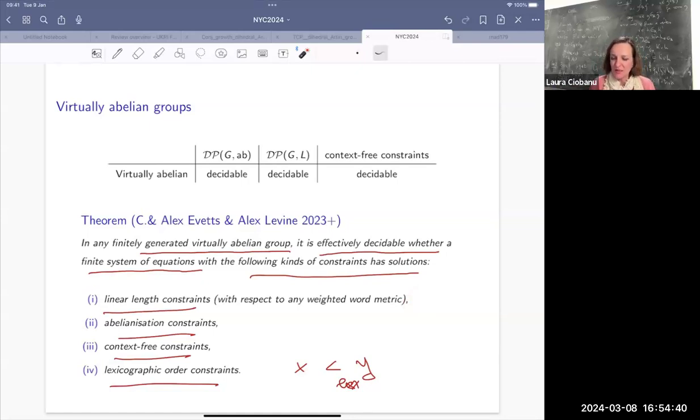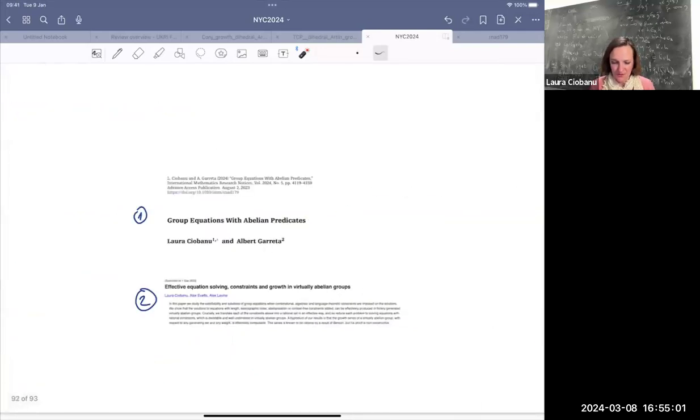And what we did here is we did provide an algorithm, not just for that series, but for any such set where you have some length constraints. So this is why it's not just, yes, these things turn out to be rational sets, but we say what the structure is. So something positive for virtually abelian groups.